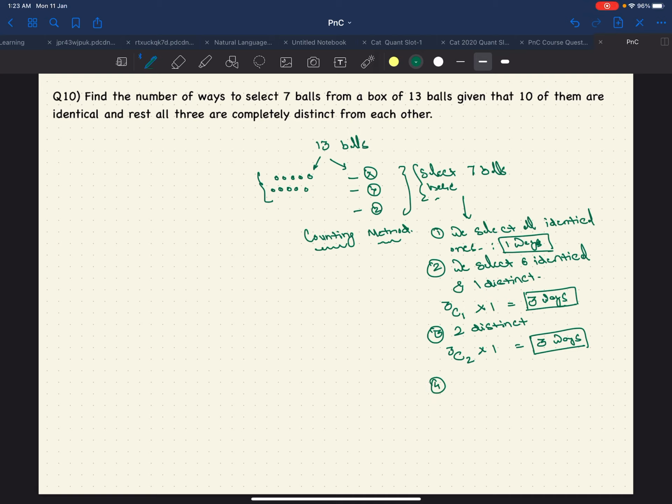Next, we are selecting all the distinct balls. So there's only one way where we select X, Y and Z. So the total number of ways here is 8. So we simply added all the 4 cases. 8 is the required answer.